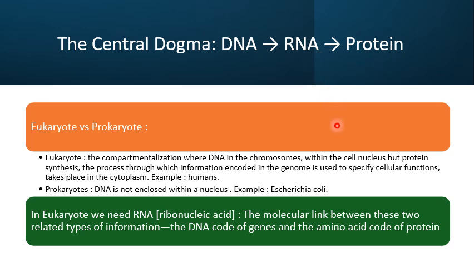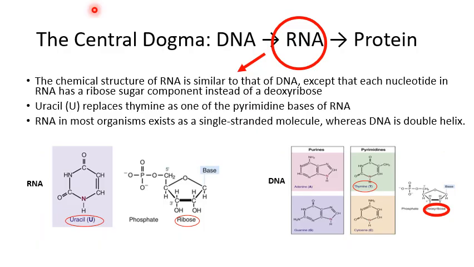But in other organisms, like bacteria or E. coli, you don't have that compartmentalization, so the DNA is not enclosed within a nucleus. The DNA and RNA molecules are very similar. The subtle differences between them are that DNA is a double-stranded molecule, but RNA is a single-stranded molecule.